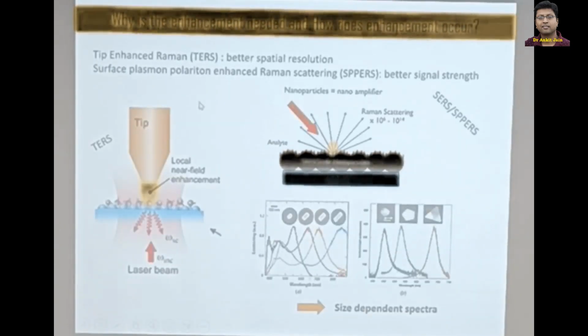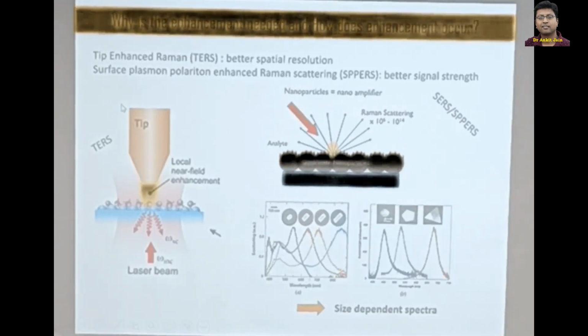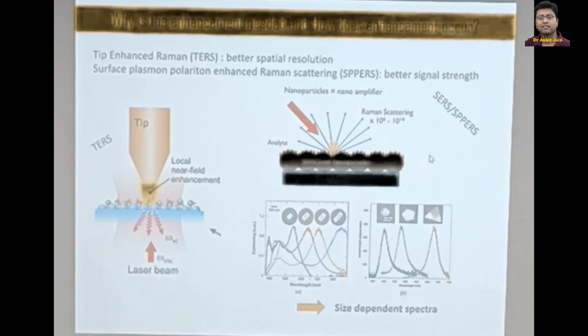So as we discussed, the enhanced Raman spectroscopy will give you better spatial resolution. But when we talk about contaminants, then you will go ahead for your SERS or SPPERS, surface plasmon polariton enhanced Raman, or surface enhanced Raman spectroscopy.